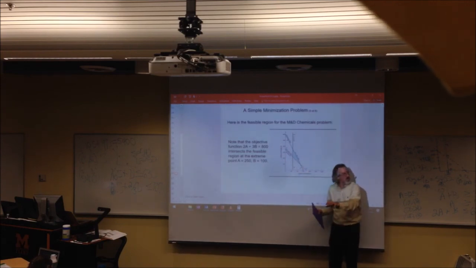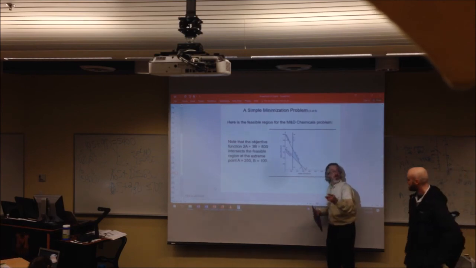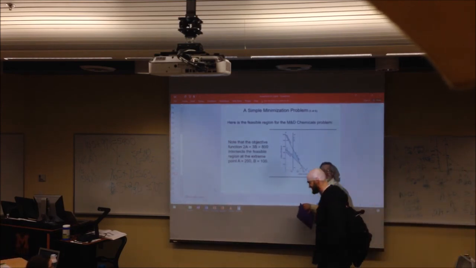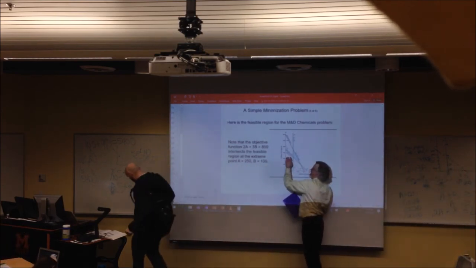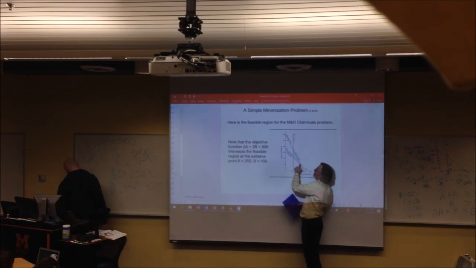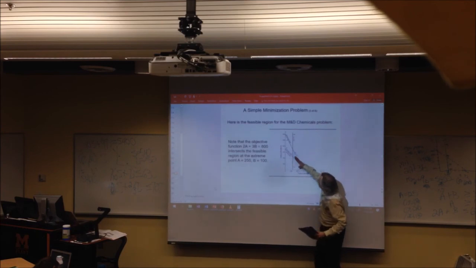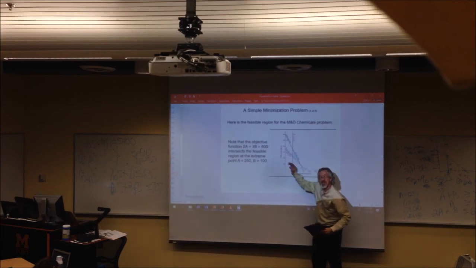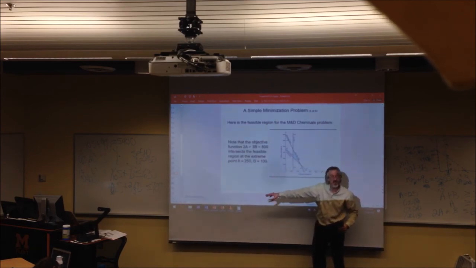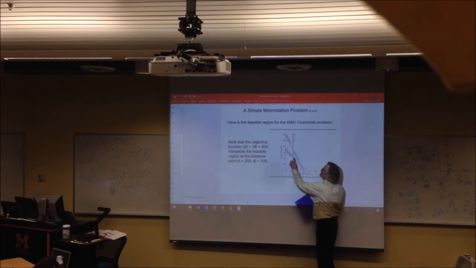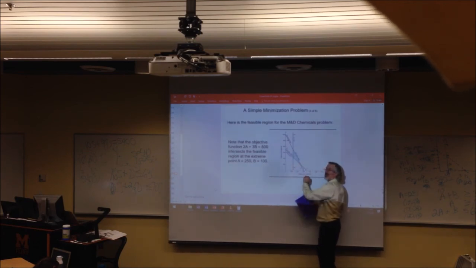If I plug that in, will it be a lower number or a bigger number than that point? And then look at this one, and you realize that the farther this direction gives me a lower objective function value. So the extreme point where the optimal solution is probably right in here.